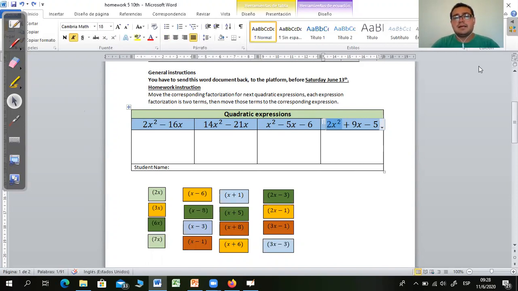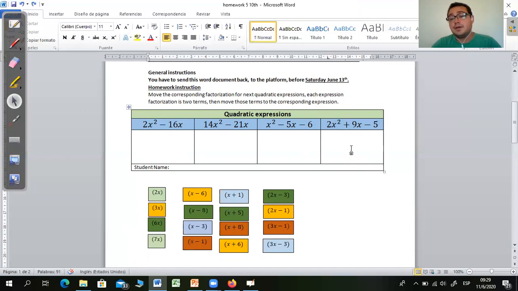Of course, that's a topic we're going to study next week, but because you told me that you already saw the topic, I want to challenge you with this exercise. Of course, it's not really a challenge, it's something easy. Try it. It's very important that you keep in mind how to factorize expressions, because factorization in algebra is very important.